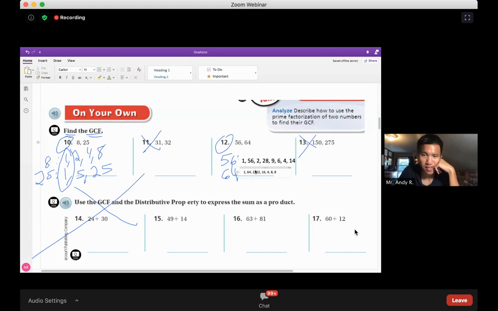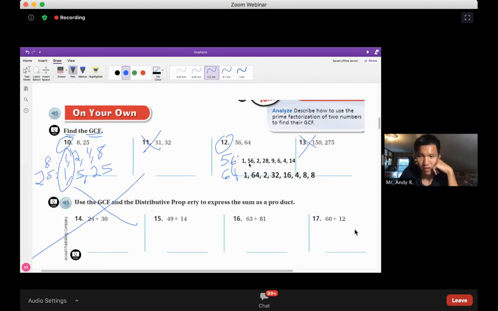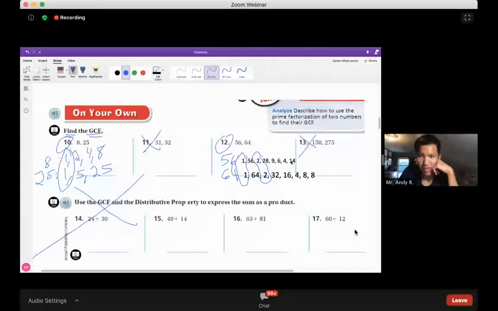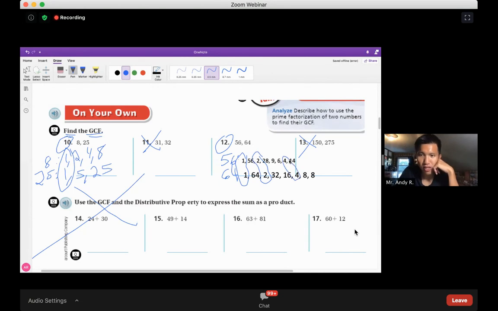Okay, what is the greatest common factor? So 1, and then 2, and then they both have 4. Then they both have, oh yeah, actually 8.